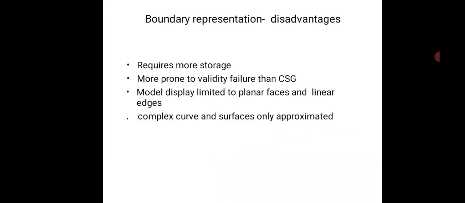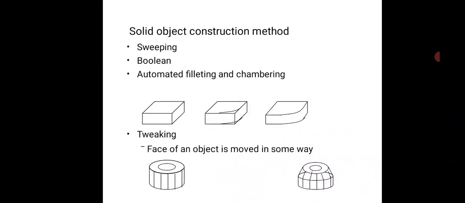Disadvantages: requires more storage, more prone to validity failure than CSG, model display limited to planar faces and linear edges, with complex curves and surfaces only approximated. These are the solid object construction methods: sweeping, Boolean, then automated filleting and chamfering, tweaking.